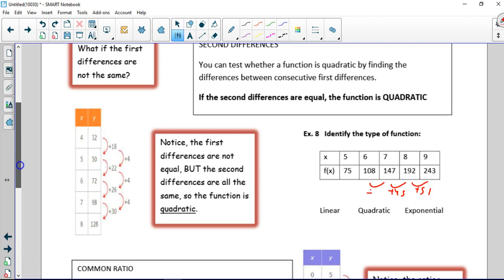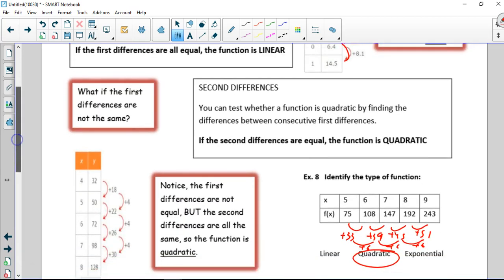Well, that was plus 39. And 108 minus 75 is plus 33. So obviously, that is not a linear function because the first difference is different. But look what happens here. Plus 6, plus 6, plus 6. The second is the same, making it quadratic.